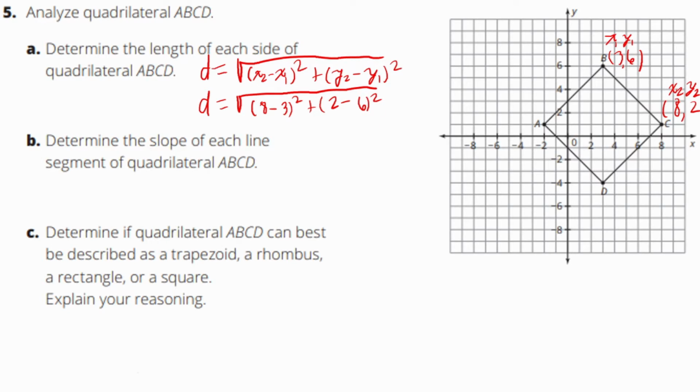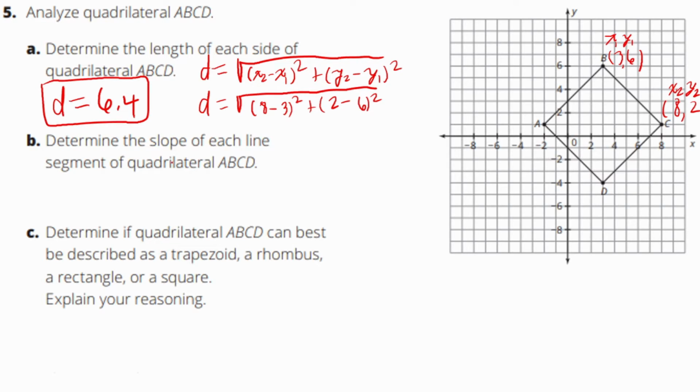And we're just going to plug this right into our Desmos scientific calculator. 8 minus 3 squared plus 2 minus 6 squared. We click enter, and it gives us the length of the sides. d equals about 6.4. And that's going to be our answer for A.